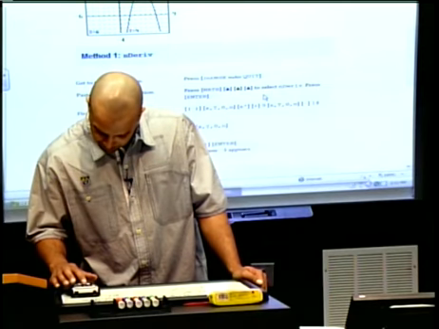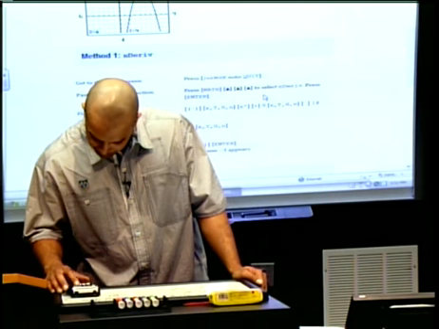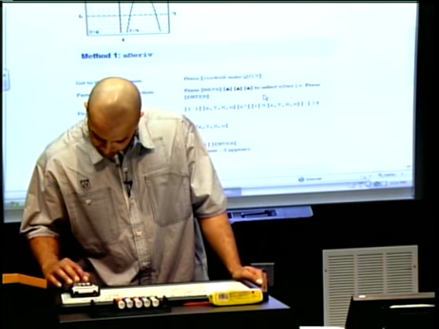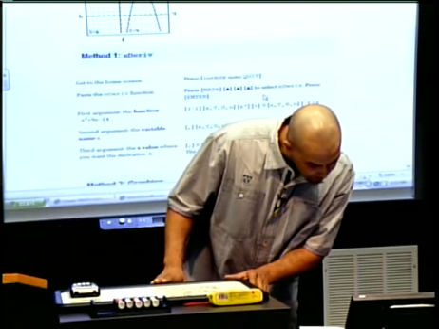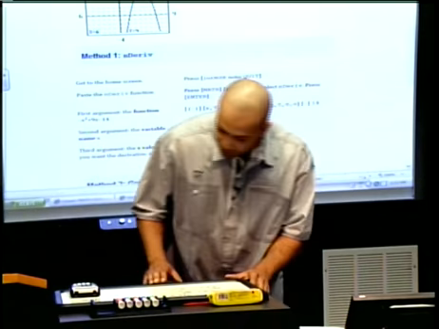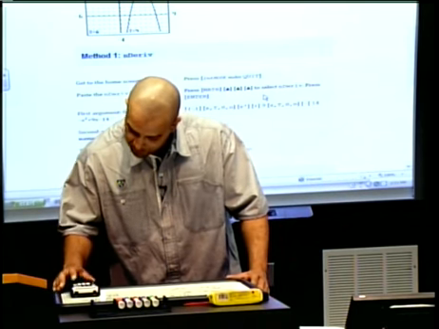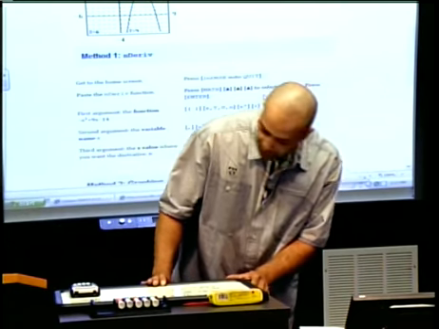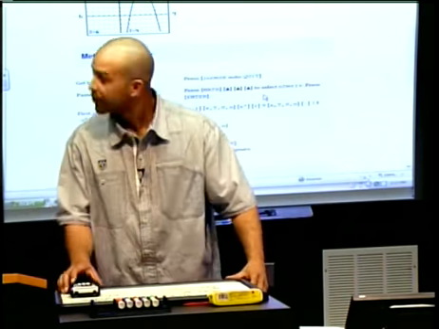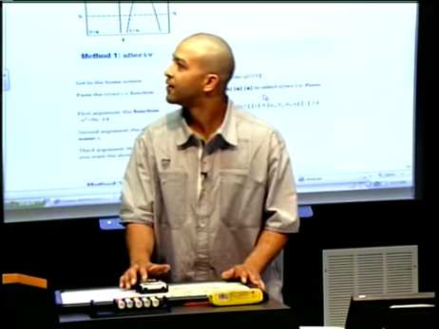So we can put variable 1, comma, x, comma, x. Enter. Wait, I can't really see. You can't see it? We'll zoom in right here.